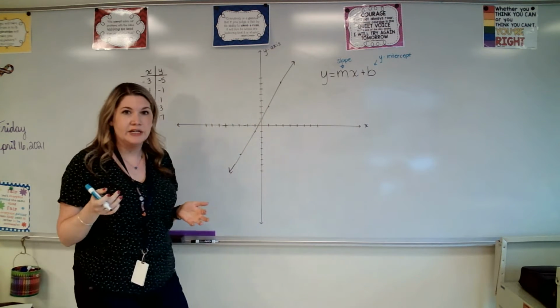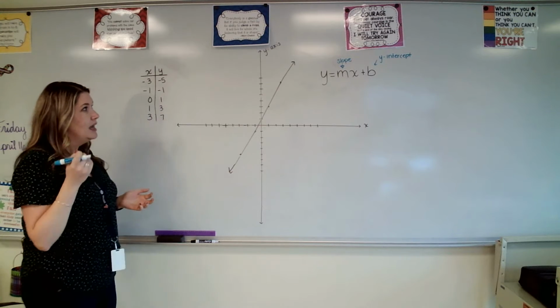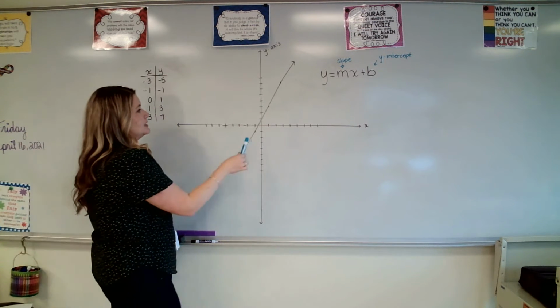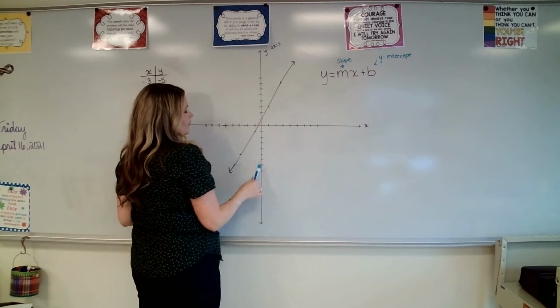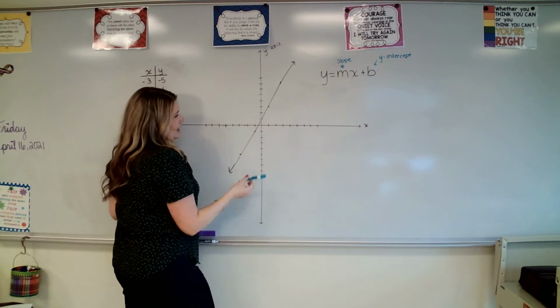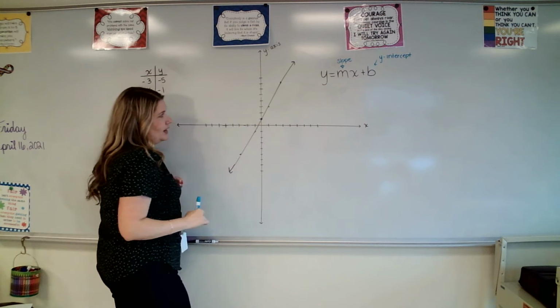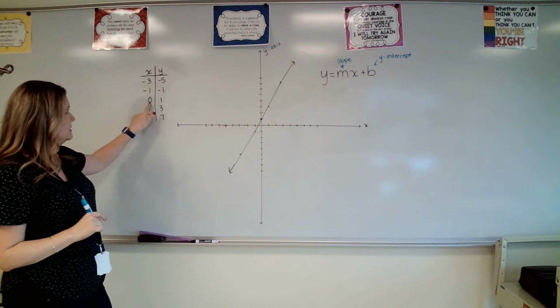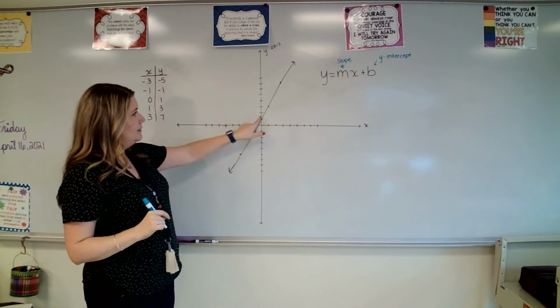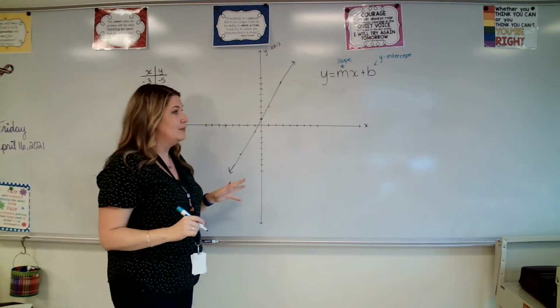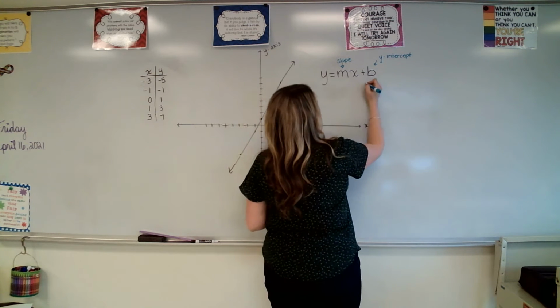When I'm trying to figure out the y-intercept, if I'm looking at a graph like this, it's really easy to figure out because I'm just looking to see physically where the line crosses the y-axis. And I can see, even though it got a little erased, that it crosses right here. And that's at the point 0, 1. It was a point on my line, and it's also the y-intercept. So when I write this equation, I'm going to write that as a positive 1.